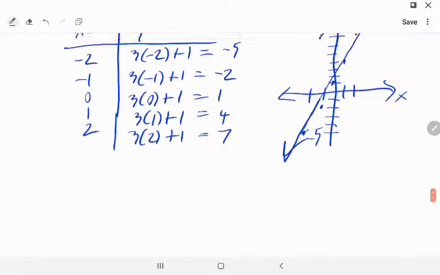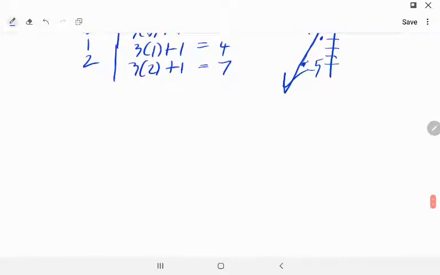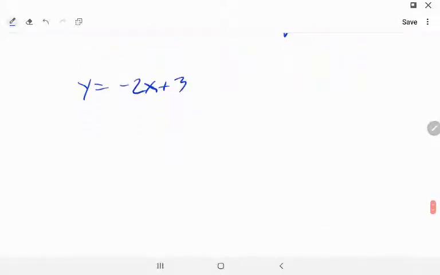So then, if we tried y equals negative 2x plus 3, the same sort of thing happens. We're going to get x equals, y equals. We only actually need 2 or 3 points to make this work.